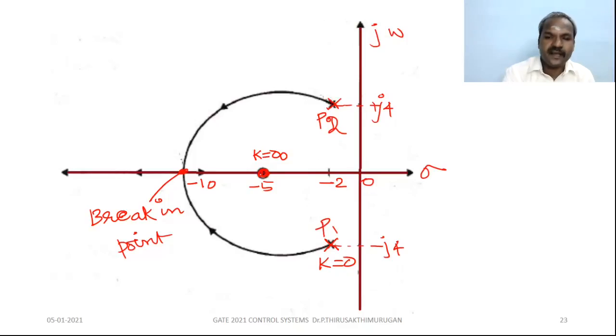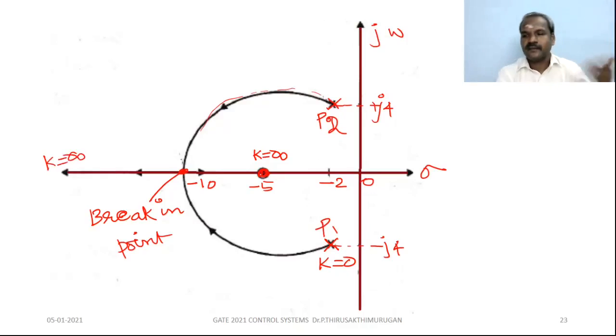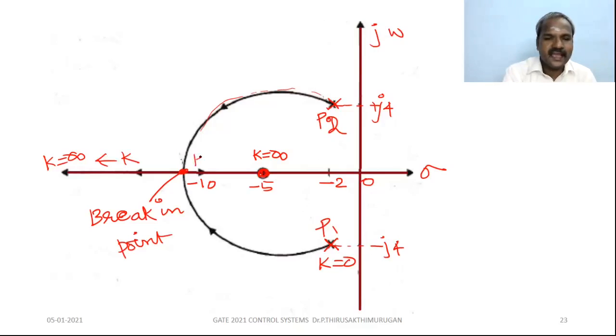The other branch originates at P2 and goes like this and terminates at k equal to infinity. The k increases towards this direction. This is branch 1, this is branch 2. Branch B1 terminates at minus 5, this zero, and B2 terminates at k equal to infinity.